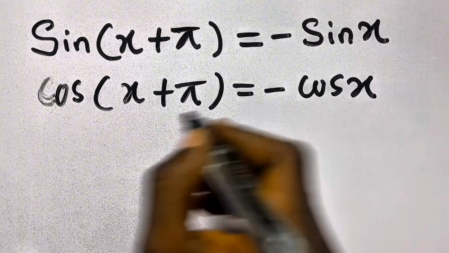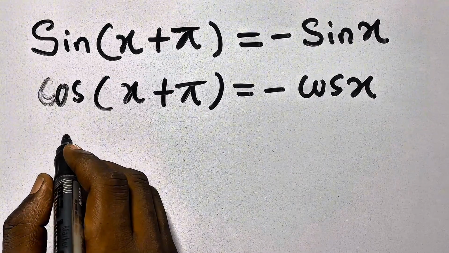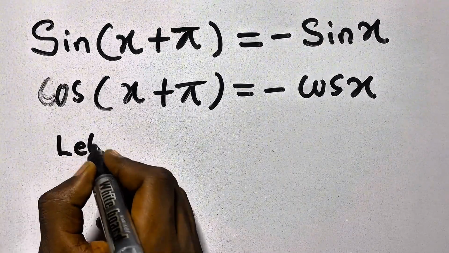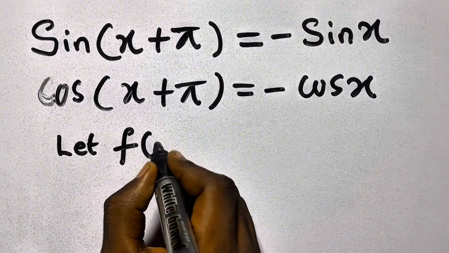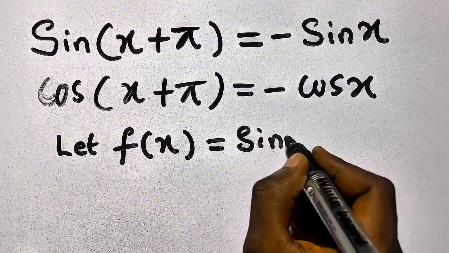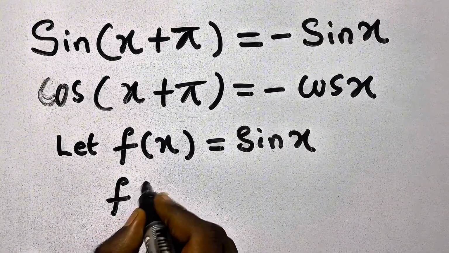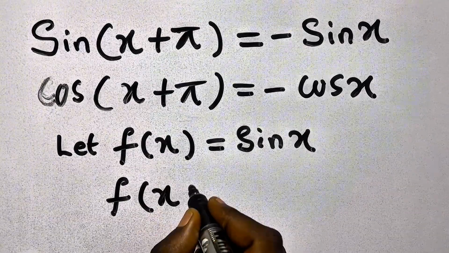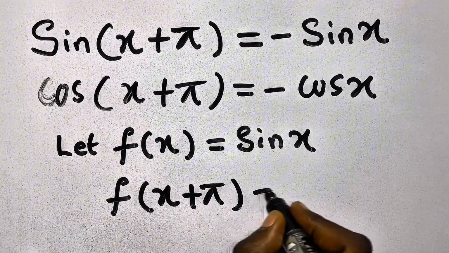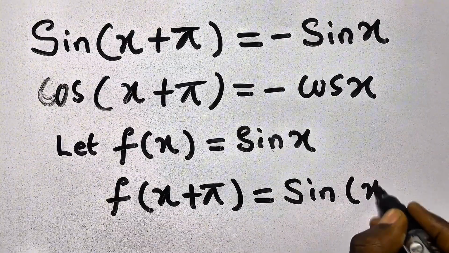cos x. All right. The next thing we are going to do is to let f of x equal sine x. All right. And f of x plus pi equals sine of x plus pi.